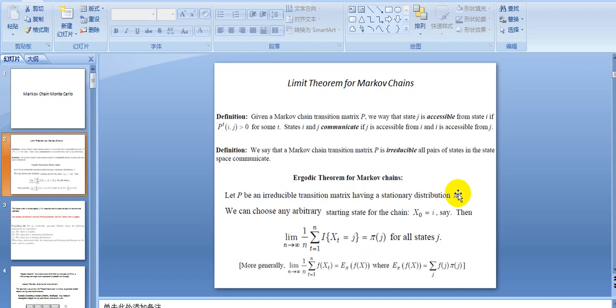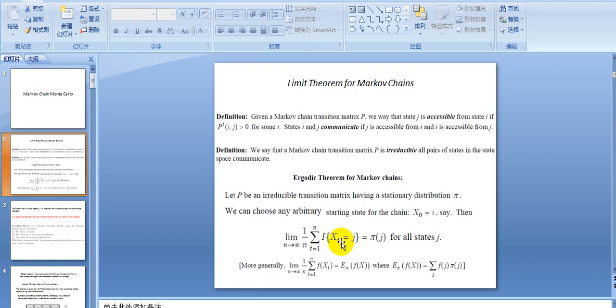Okay, we know the stationary distribution pi is a row vector, right? This is actually just the probability for j in the stationary distribution. Now, more generally, this indicator function can actually be any function f. It could be xt squared, could be any function.